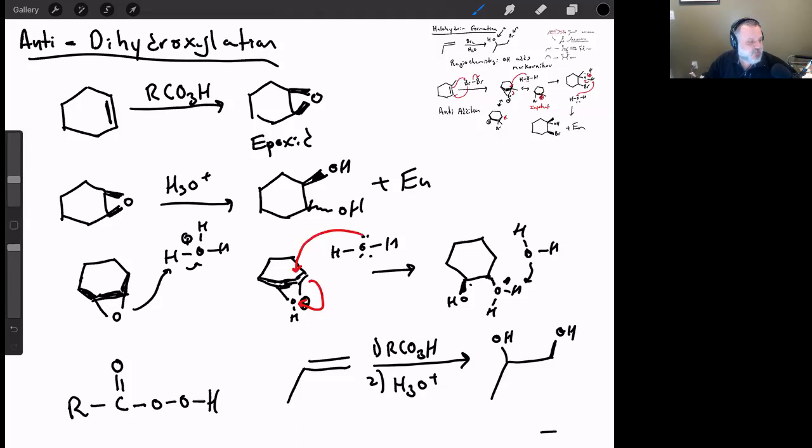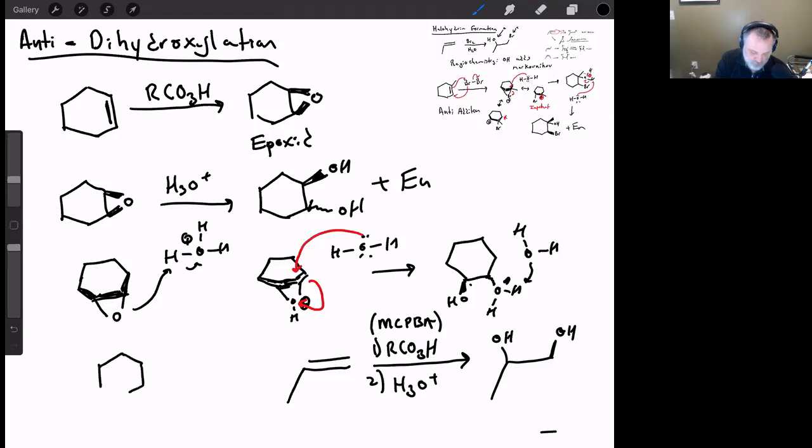Let's see. I just want to make sure that we understand this is the peroxide that we use, but another way that we see this peroxide is in the MCPBA acronym. And this means meta, so actually let me draw it over here. This is meta-chloroperoxybenzoic acid. So it's a benzene.